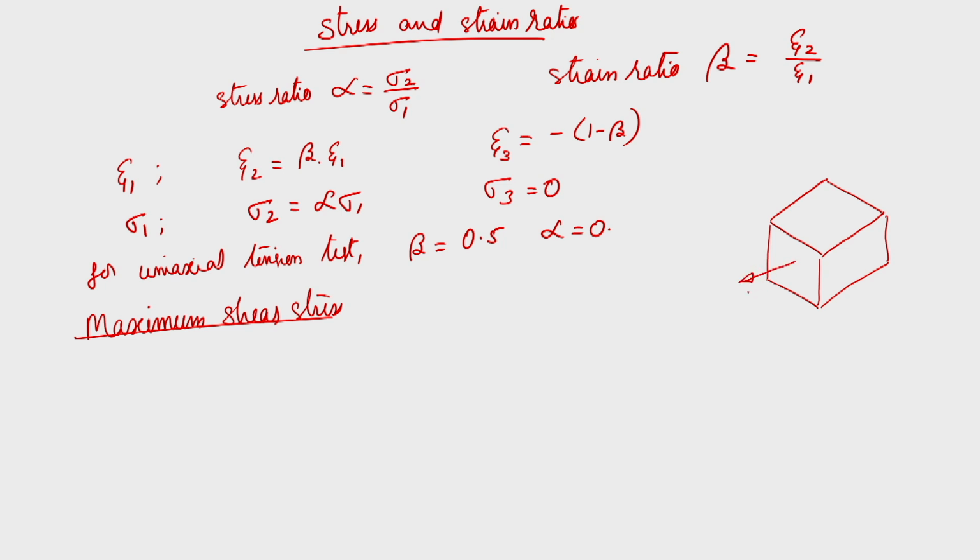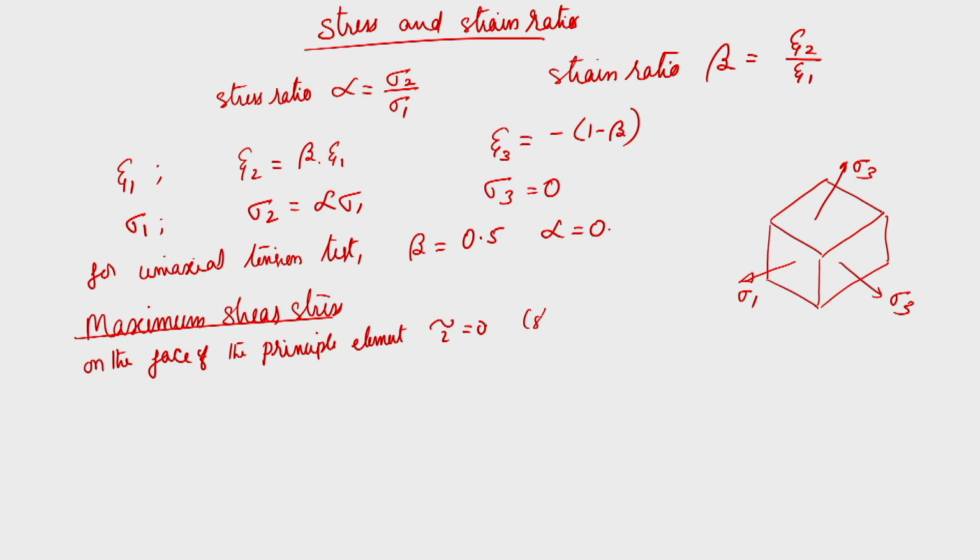Okay. So, along this direction sigma 1, and this is along sigma 2, and this is sigma 3. So, on the face of the cube, of the element, this is a principal element, tau is equal to 0.